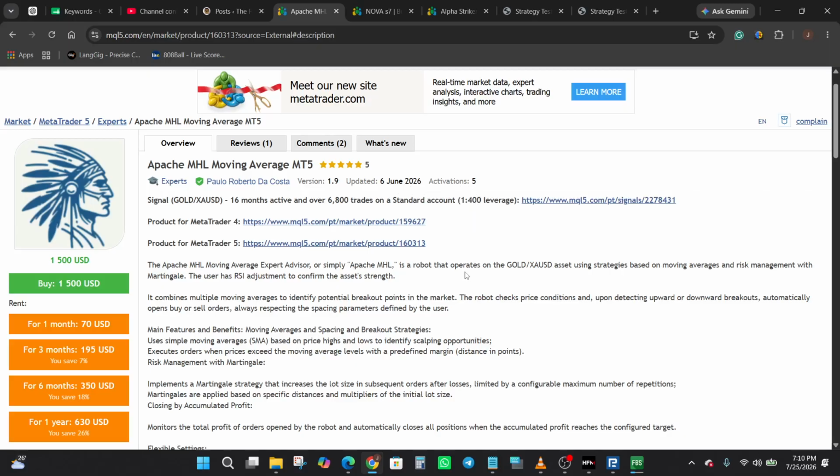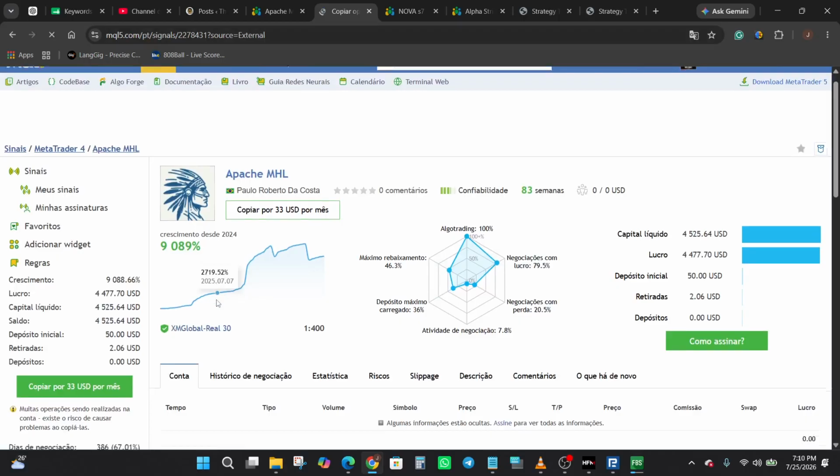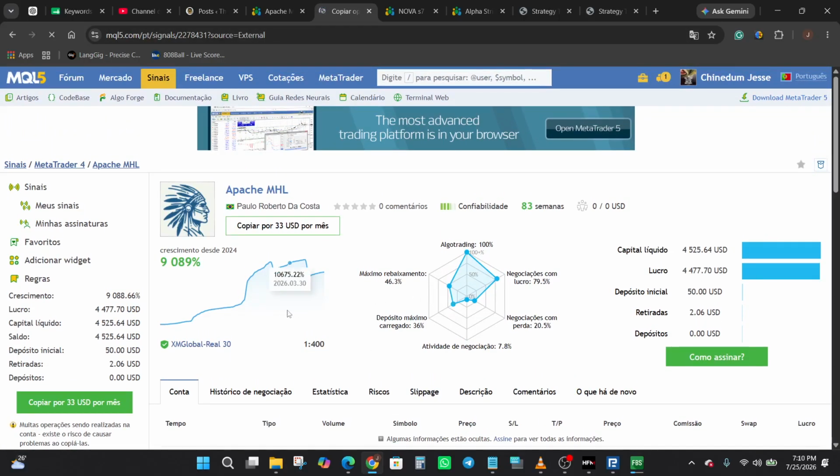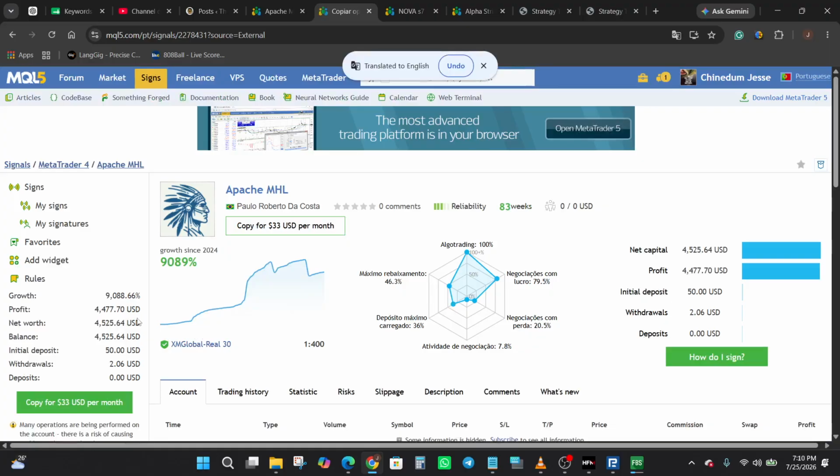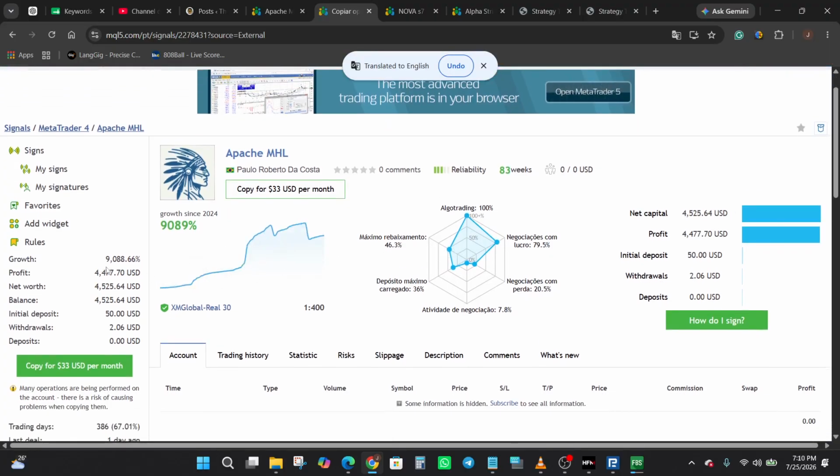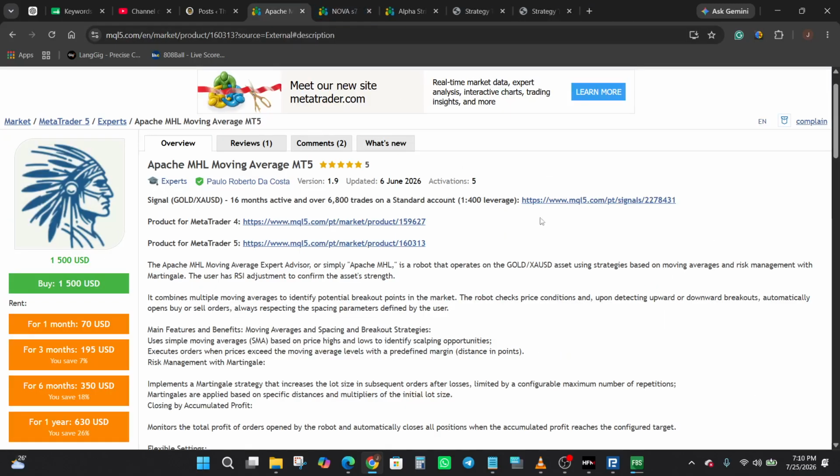The page links to a live signal that has reportedly been active for 16 months with over 6,800 trades on a standard account at 1:400 leverage. Based on what I can see here, we're at 9,000% growth since 2024, 83 weeks.